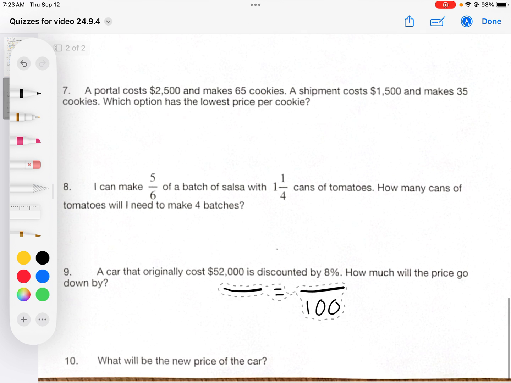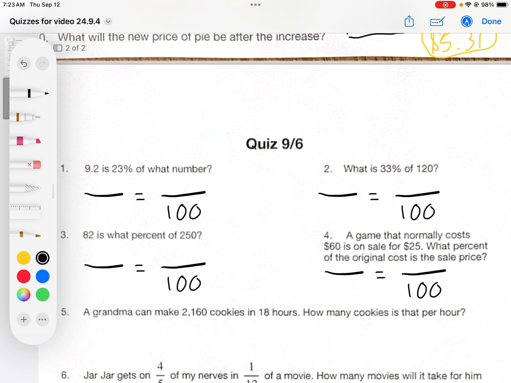Go ahead and bring that down to save myself some time later. So here we go. 9.2 is 23% of what number? There's your fish. 9.2 times 100 divided by 23 gives you an answer for this one of 40.